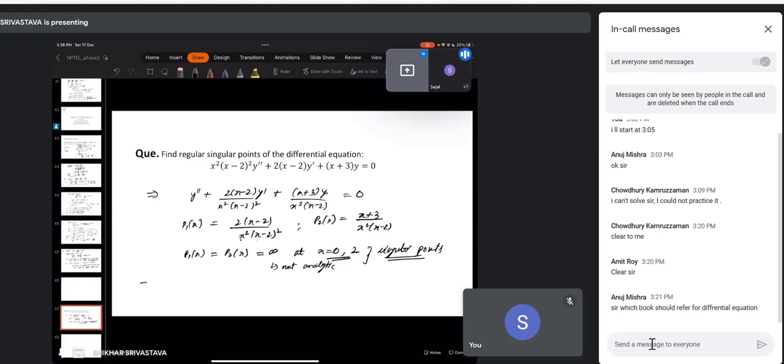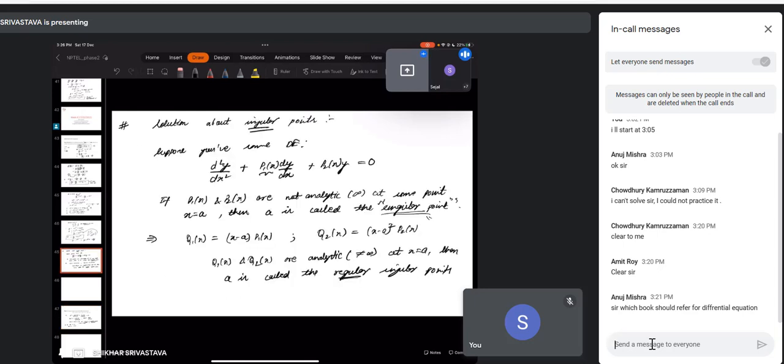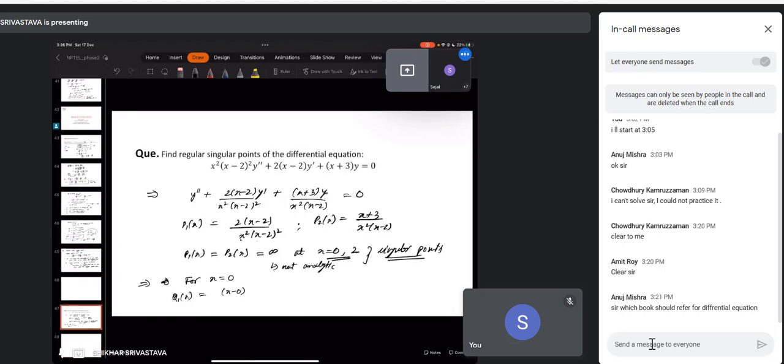So you just find q1x and q2x. Take the case for x equal to 0. Your q1x is x minus a, where a is 0 here, because I'm taking singular point 0, so x minus 0. You have to find q1x and q2x. P1x is nothing but 2 times (x minus 2) upon x square (x minus 2) whole square.